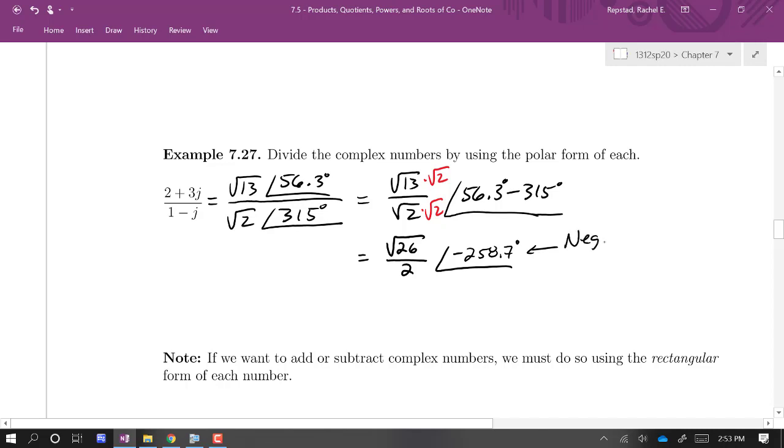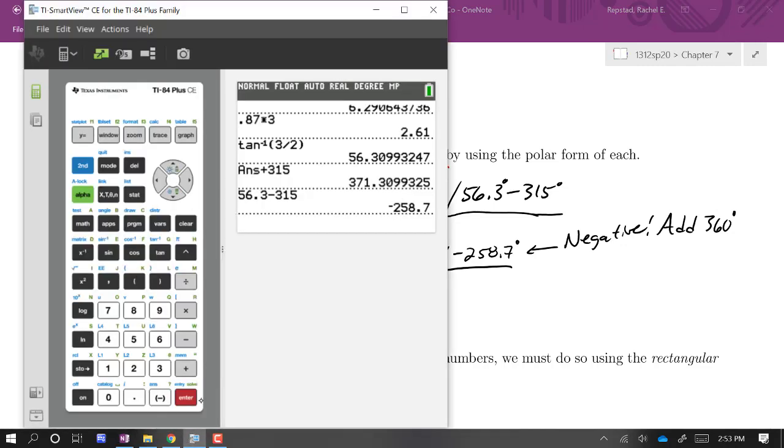Negative, which is not in our range, right? So we're going to add 360. And that'll get us a nice standard position angle. 101.3.